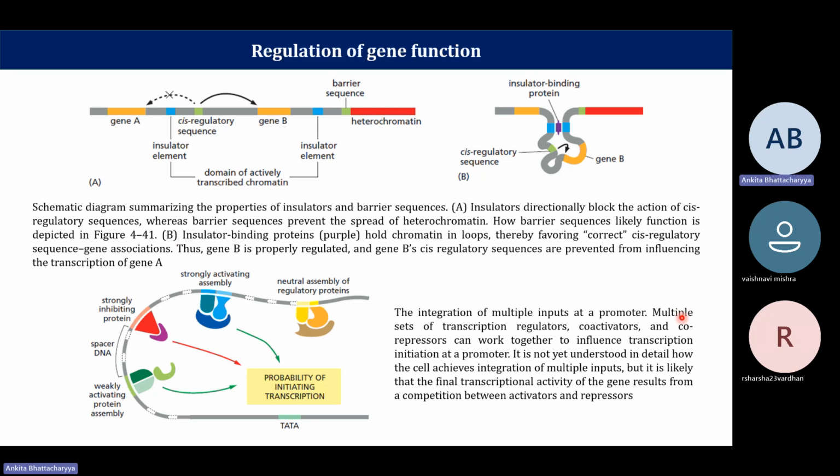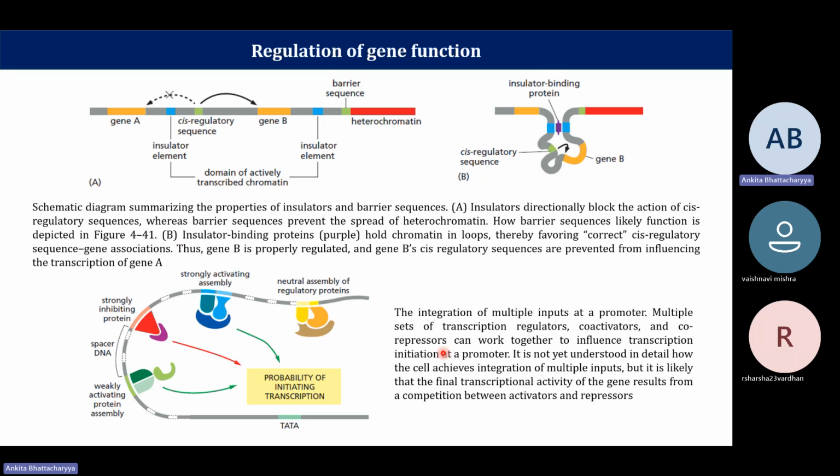There are multiple sets of transcription regulators, co-activators, co-repressors, all together. What I'm trying to explain here is that it's not that there is one signaling pathway giving one stimulus or one go signal that can control the expression of a gene. There are multiple signals that a cell must sense, must integrate, and then finally make an informed decision about whether or not transcription should proceed.